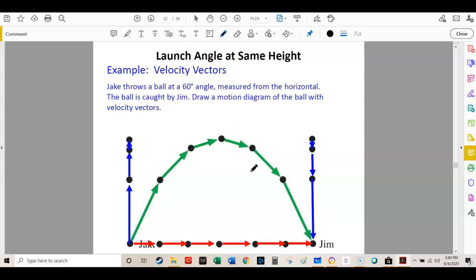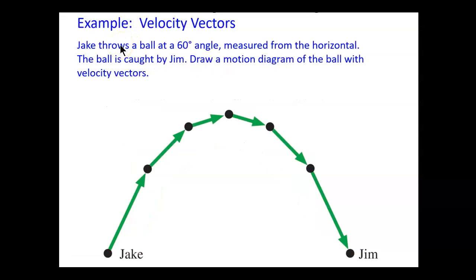Well, that's illustrated really well in this diagram right here. So here we have that same example. Jake is going to throw a ball at a 60-degree angle up and to the right, and then Jim is going to catch it over here. So this angle right here is 60 degrees.